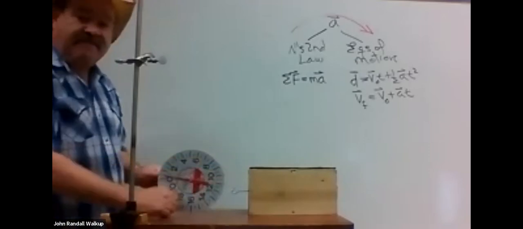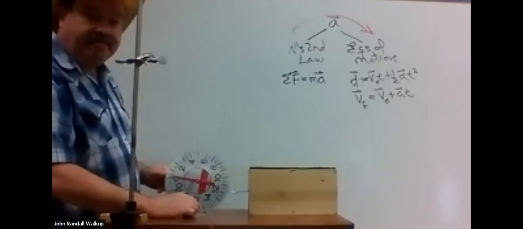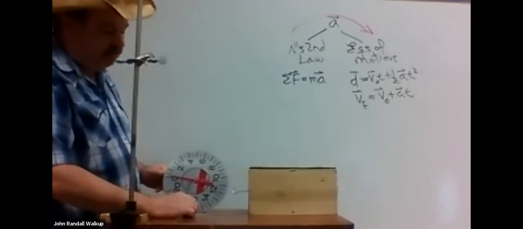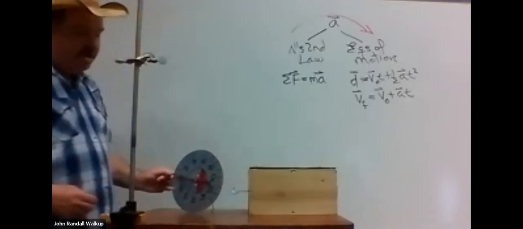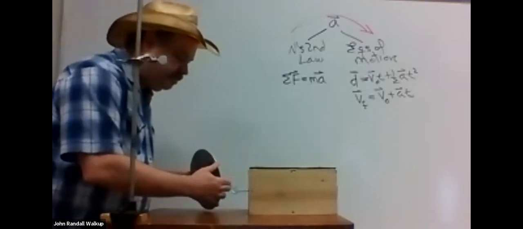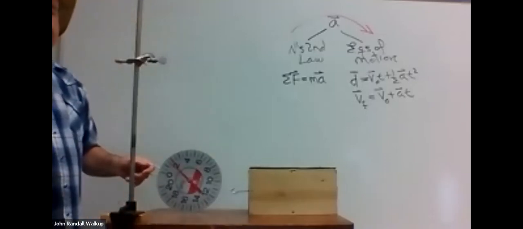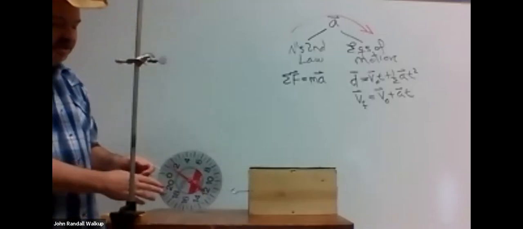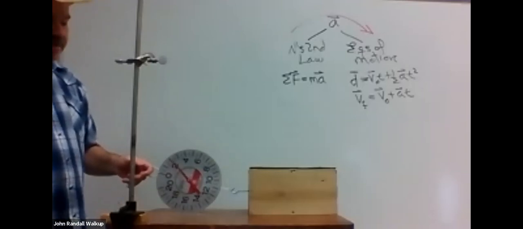I'm not applying any force, and my box is not accelerating. I notice something. I pull with 2 newtons of force. This is a Newton scale. So I pull with 2 newtons of force, but my box doesn't accelerate.